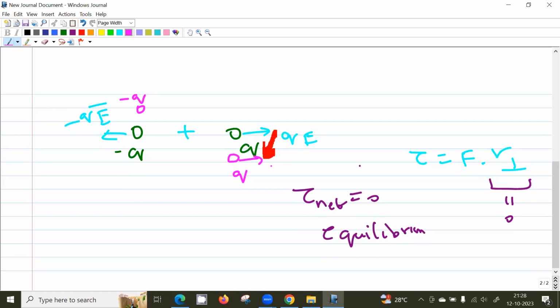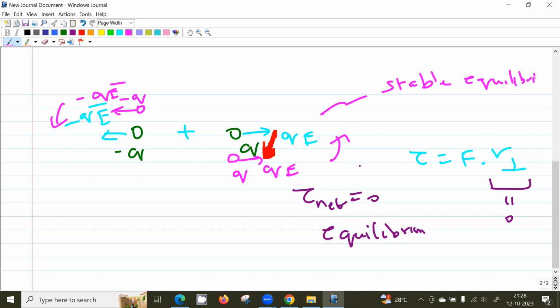The force will be qE this way, and on minus q towards left. This force will produce a torque this way, and this force will produce a torque this way. So it will come back to the original position. So this is a stable equilibrium position.